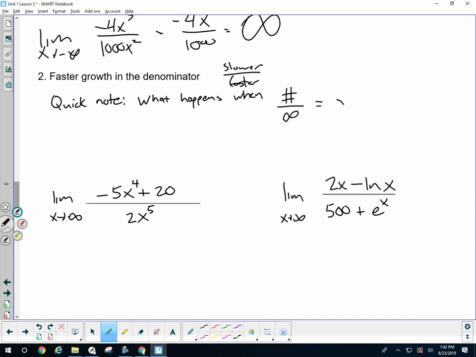Or thinking about things in terms of relative growth. Say you're growing in the numerator, but you're not growing as fast in the numerator as you are in the denominator.